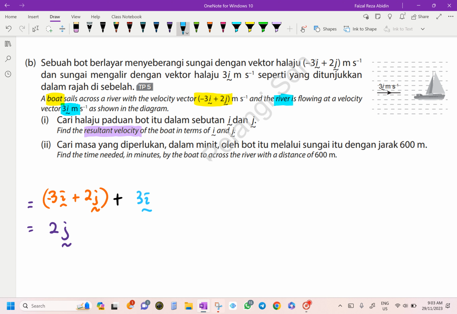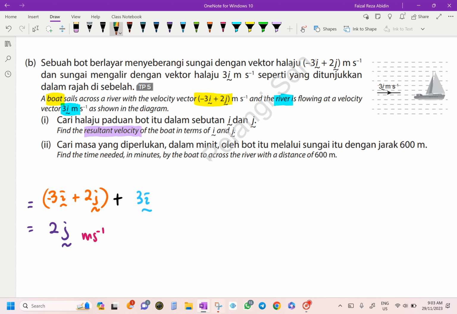If you look there, the unit of the velocity is in meter per second. So how are you going to change this?